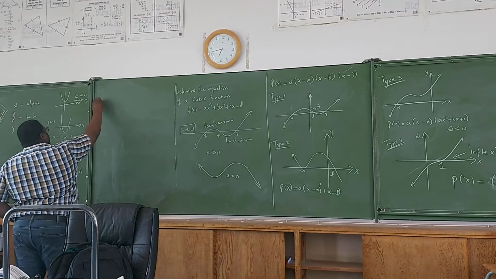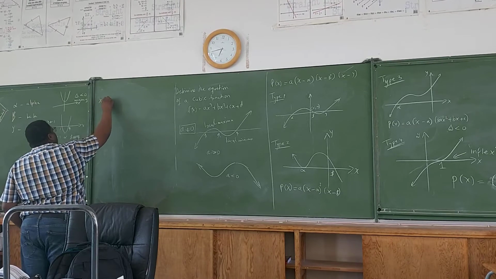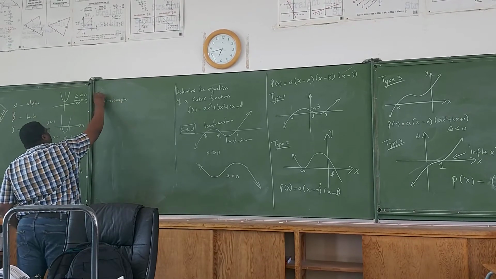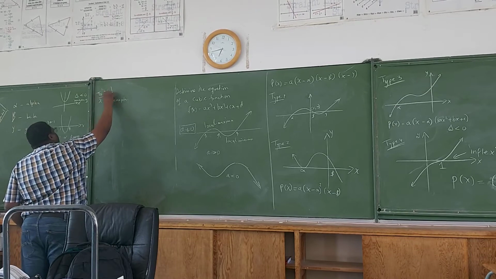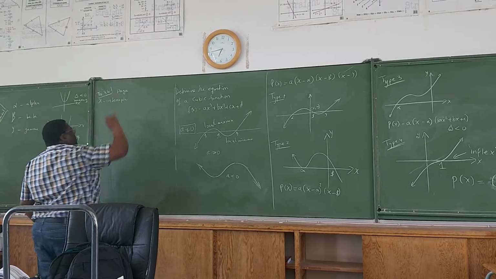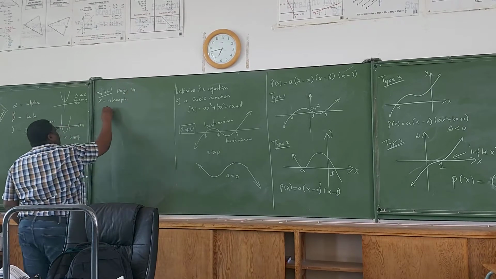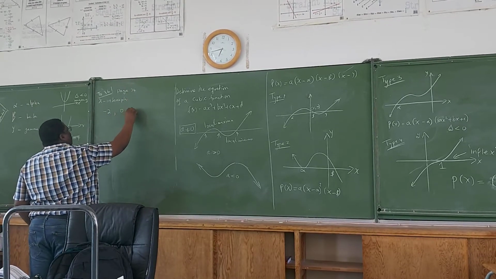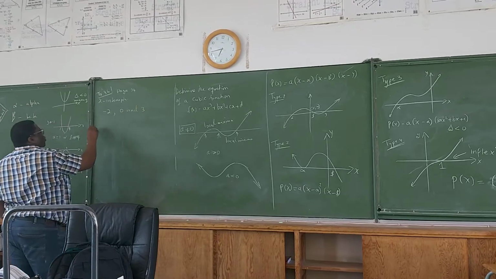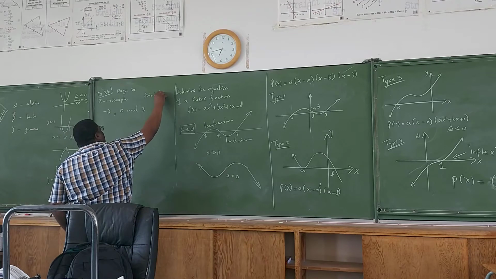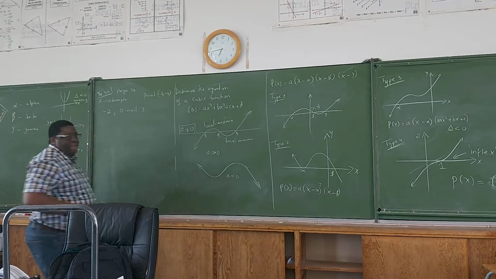So, what are the x-intercepts? The x-intercepts are negative 2, 0, and 3. The origin. And then they also give you a point. Negative 1, negative 4, am I right? Yes.